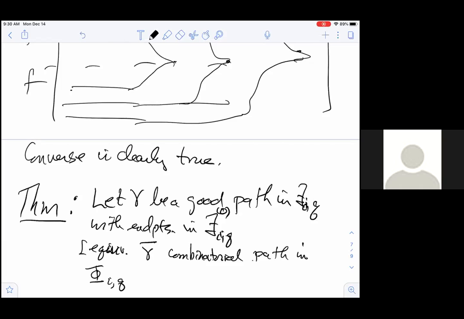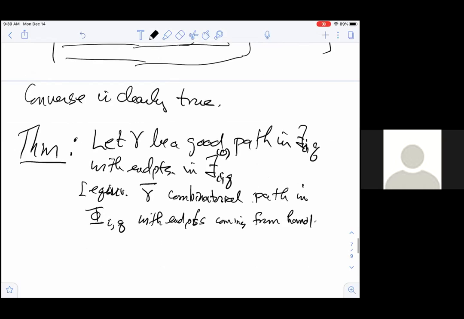So a combinatorial path means a vertex connected by a one-simplex, an interval, to another vertex, and so on, with endpoints coming from homologically trivial components of F_0^q.